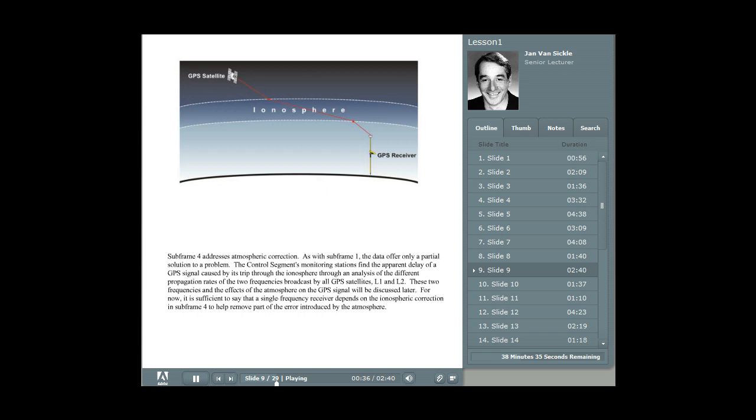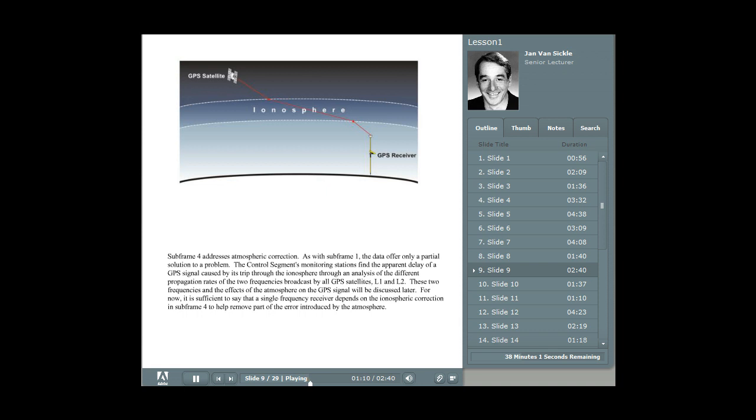Now the reason that the control segment can quantify this is because, as I said, the tracking station is at a known point. But one of the critical things to understand about the GPS signal as it goes through the ionosphere is that it is dispersive, meaning that the two frequencies, and GPS satellites do broadcast two frequencies, which are known as L1 and L2, are affected differently.